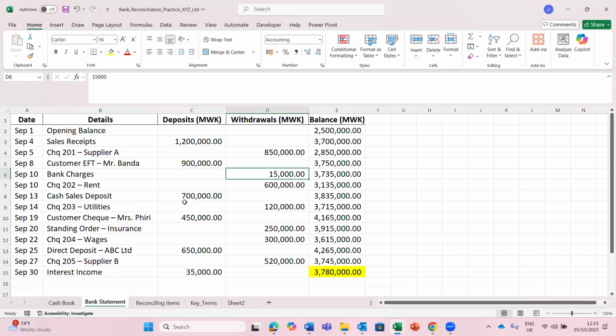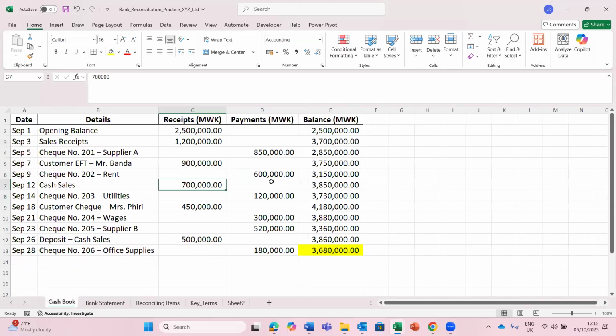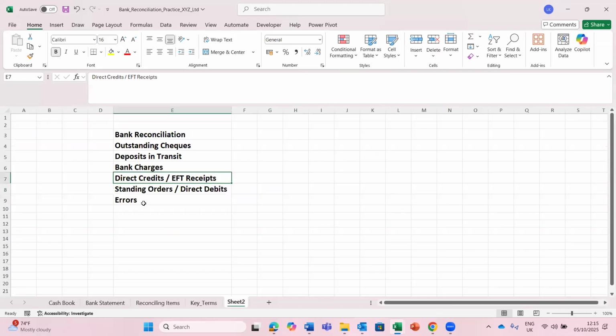Your statement will show a deposit, but your cash book will not show any entry because you are not aware of that, up until you become aware of that deposit, and that's when you record that transaction in your cash book. So that's what we mean when we say direct credit or EFT receipts. These are receipts, or deposits, done by your customers without your knowledge. After looking at the statement, that's when you know of the difference.